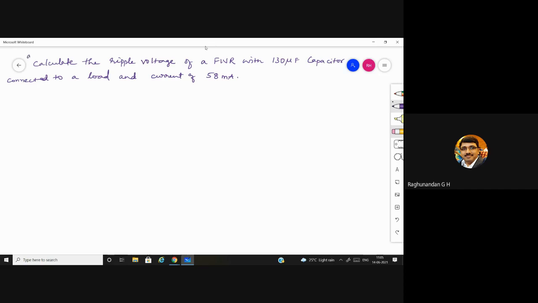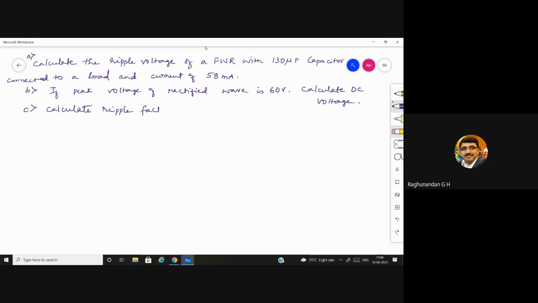This is one part. The second one: if the peak voltage of the rectified wave is 60 volt, calculate the DC voltage, and calculate the ripple factor.